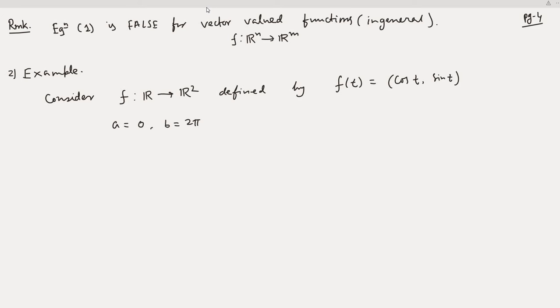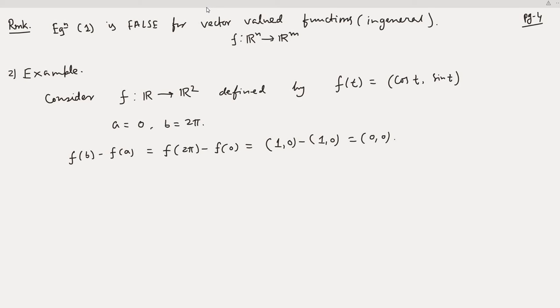Then f of b minus f of a is equal to f of 2 pi minus f of 0. f of 2 pi means cos 2 pi comma sin 2 pi, which is equal to 1 comma 0, and f of 0 is also 1 comma 0, so the difference is 0 comma 0.